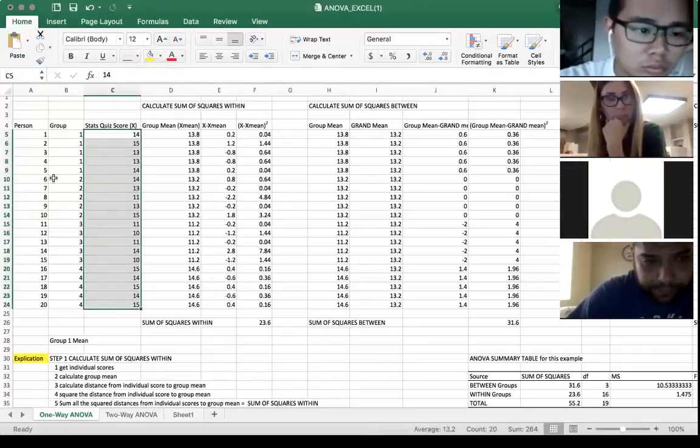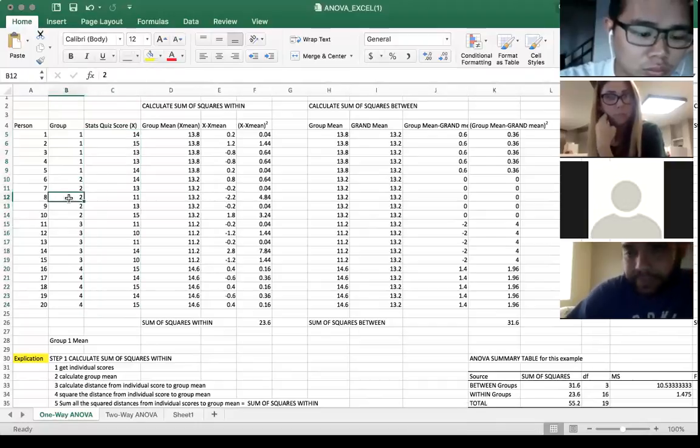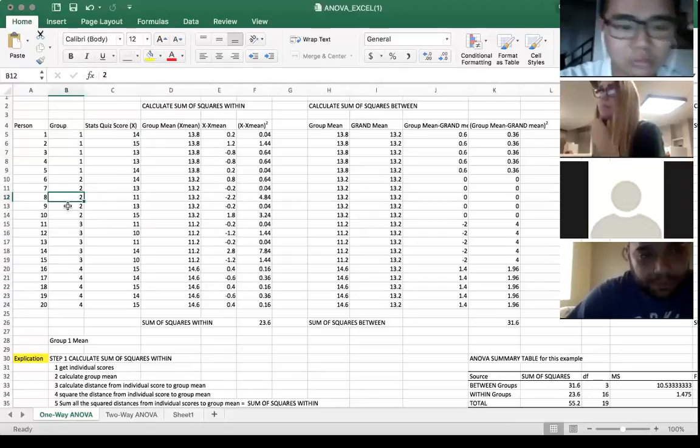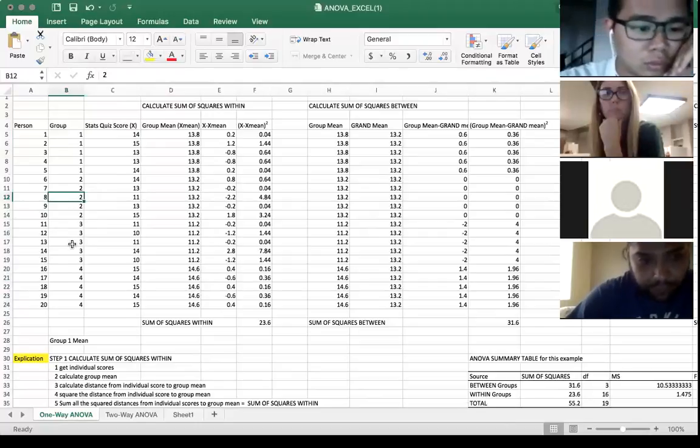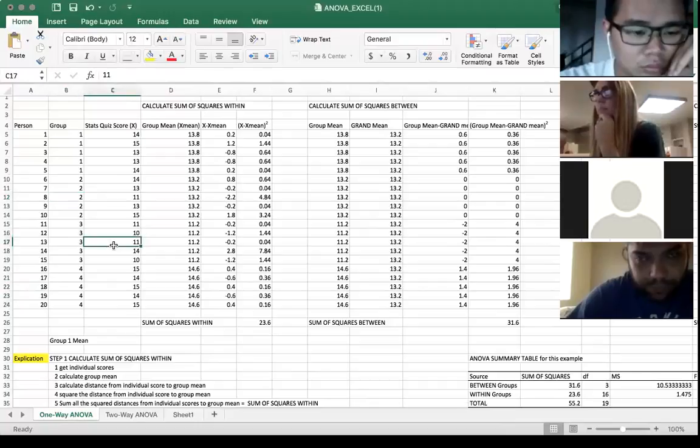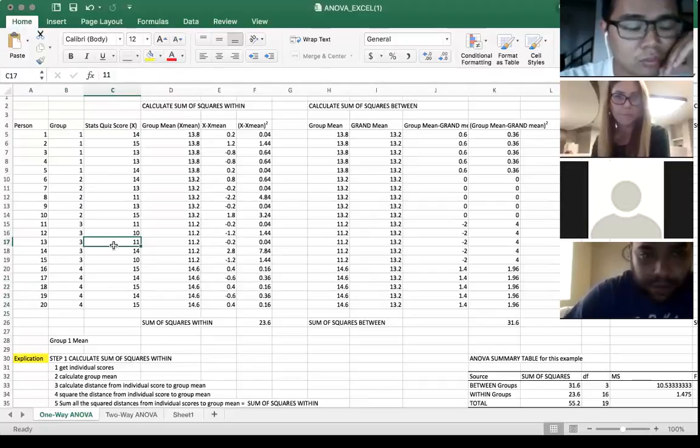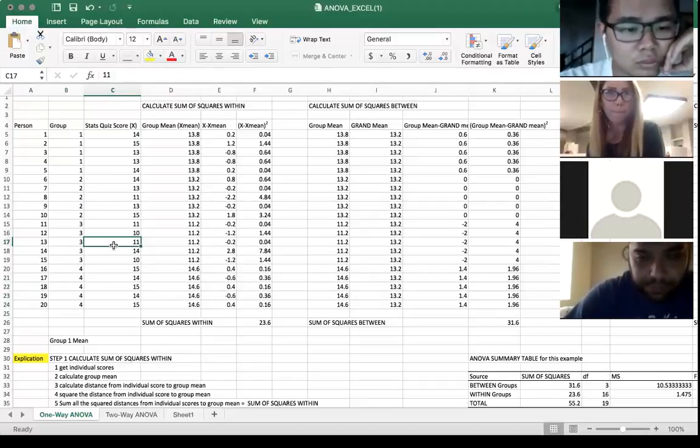But they participate in different instructional methods, right? Some was just face-to-face, some was online, some was independent learning, etc. Now our question is, at the end of the year, when they have the stats quiz score, is there a difference between these groups or not? Okay, that's how we start.